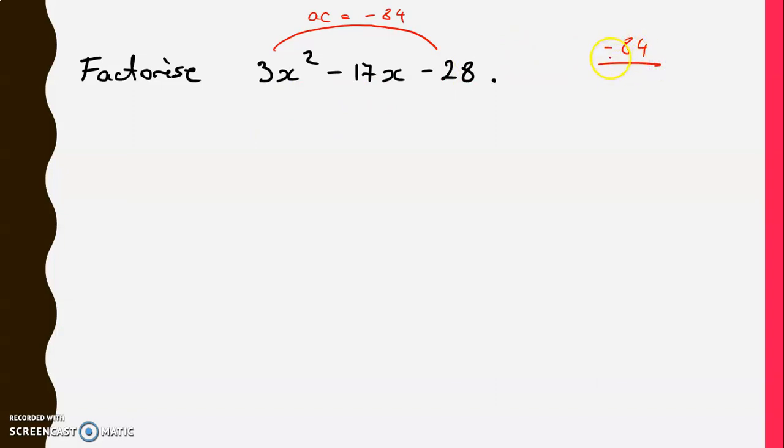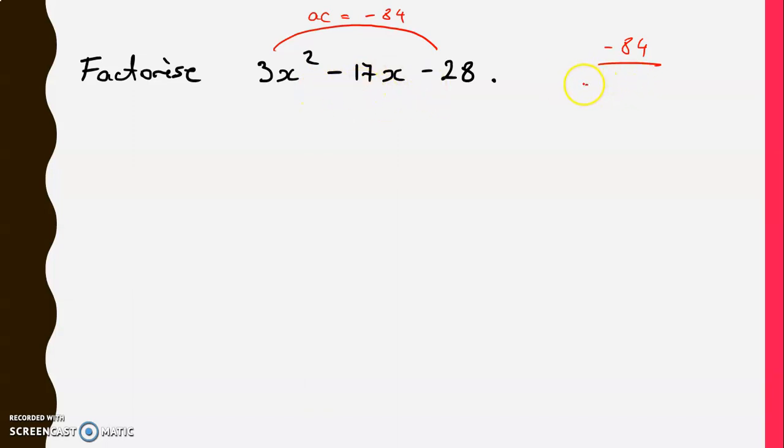Now you might have to try a few times here. Just divide minus 84 into different numbers until you find a pair that gives you what you're looking for. The product is minus 84 and the sum is minus 17.